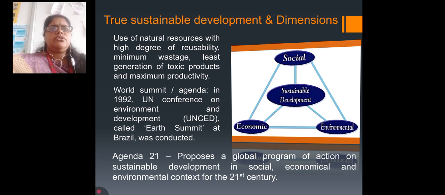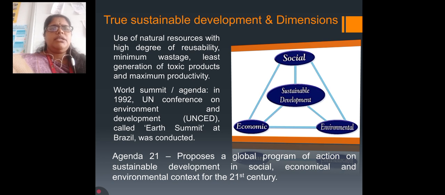So the natural resources should be used with a higher degree of reusability. There should be minimum wastage while using them, least generation of toxic products, and maximum productivity. So these are the things that have to be noted while using the natural resources.